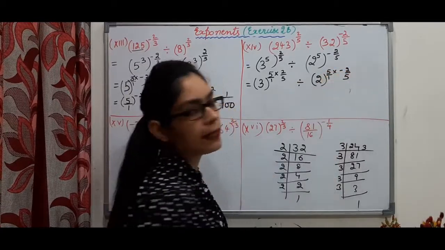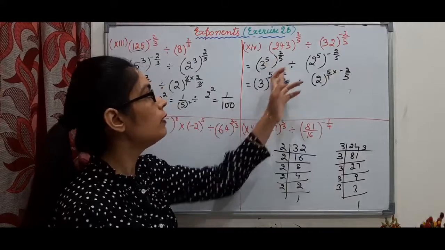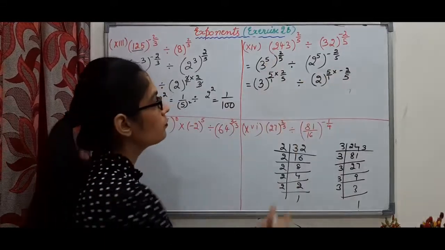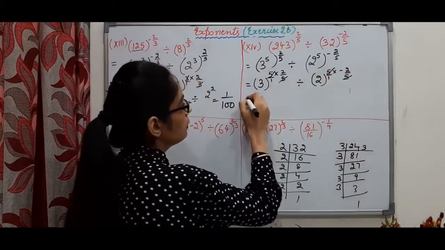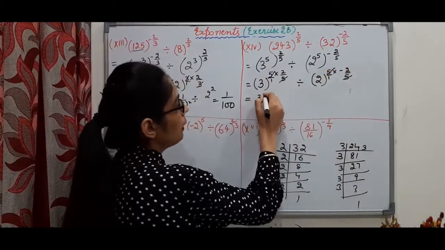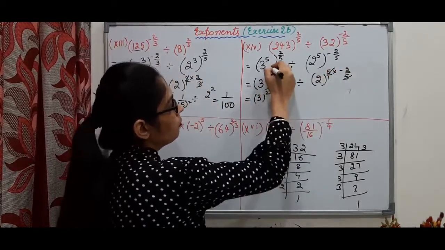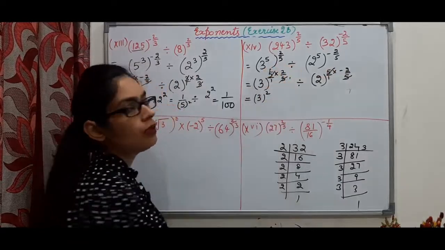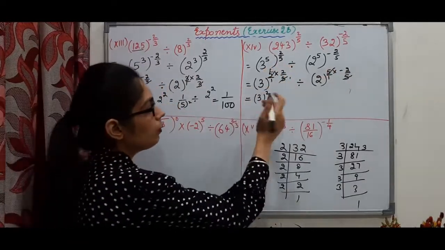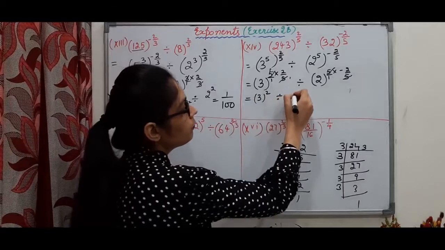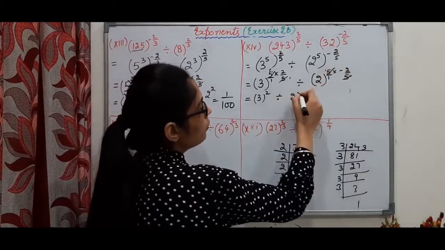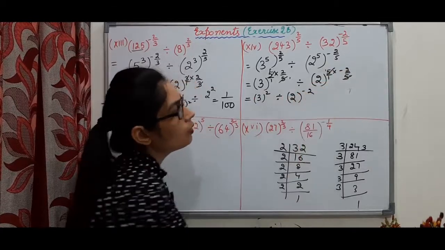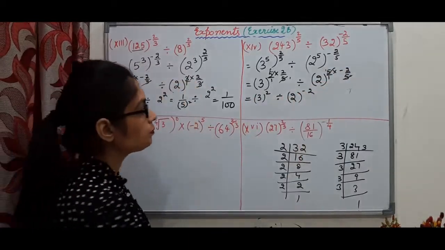I have just applied the power rule and multiplied the powers. This 5 will get cancelled with this 5, and this 5 with this. So I am left with 3 to the power 2, and in the denominator 2 to the power minus 1 into 2, which is minus 2.